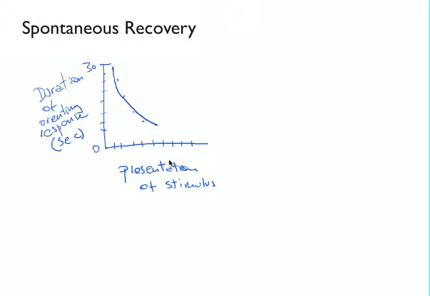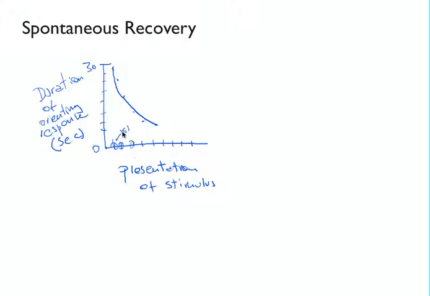Now, notice that I am assuming here that two consecutive presentations of the stimulus are separated by the same interval as these other two presentations. These are what are called the ISI, or interstimulus interval.